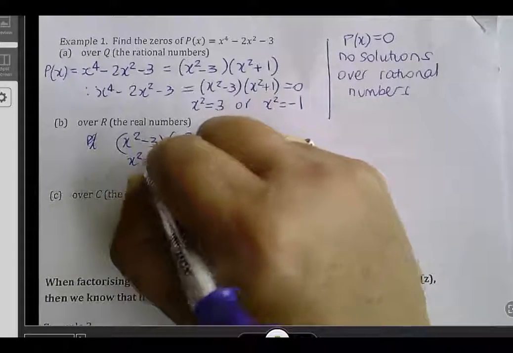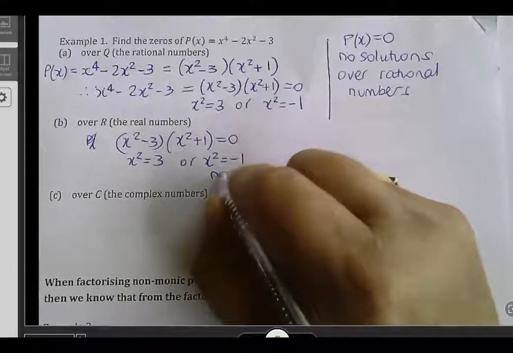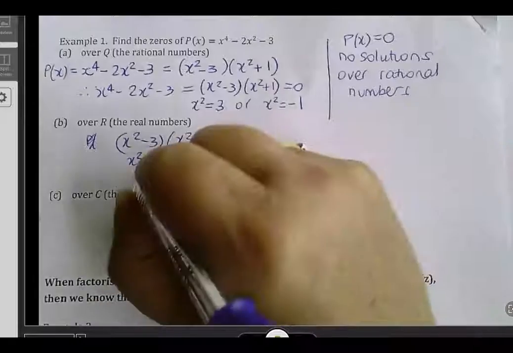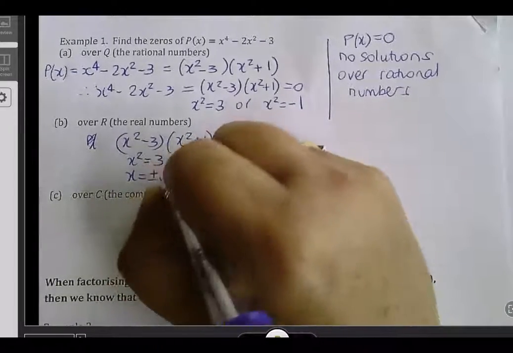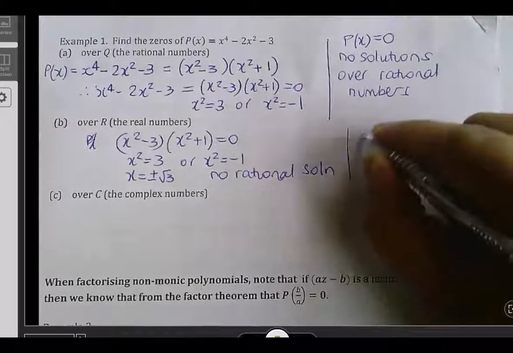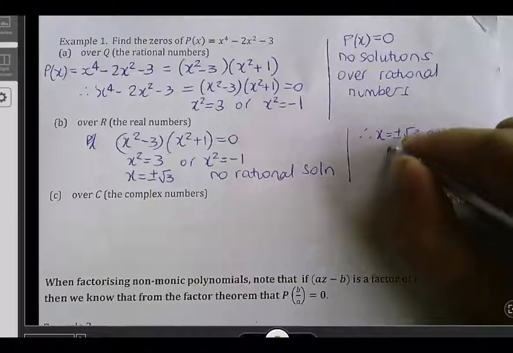So therefore x squared is 3 or x squared is negative 1. This has no rational solution, but this one has the solution x is plus or minus root 3. Get the idea? So therefore x equals plus or minus root 3 over the real numbers.